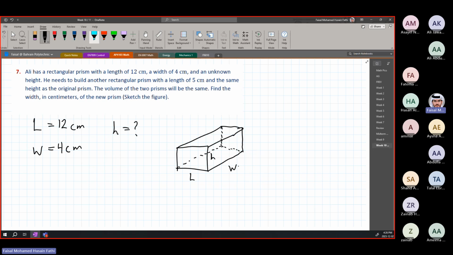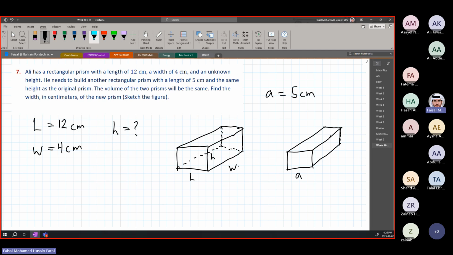He needs to build another rectangular prism. Okay, so we have to draw another rectangular prism with a length of 5 centimeters. So let's call this A مثلا. A is equal to 5 centimeters.